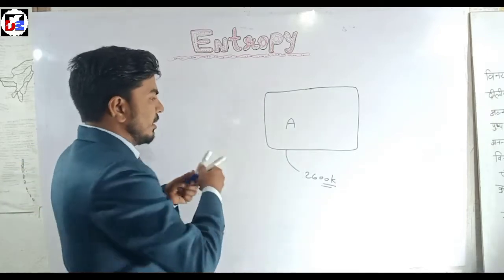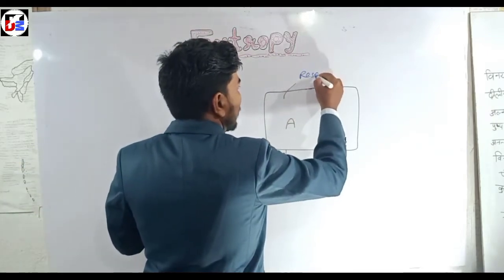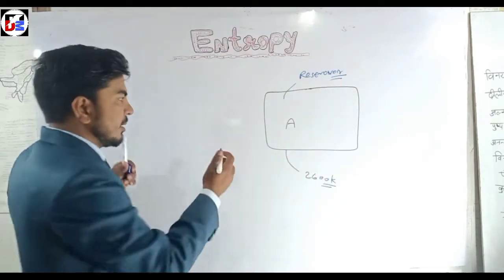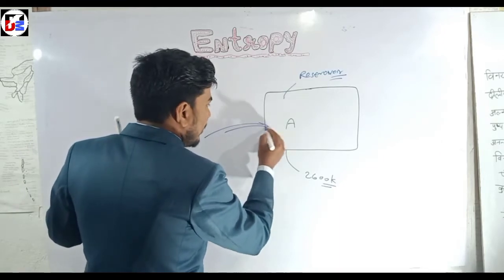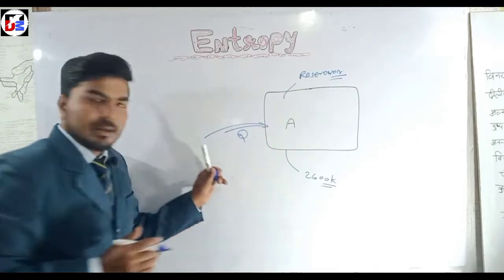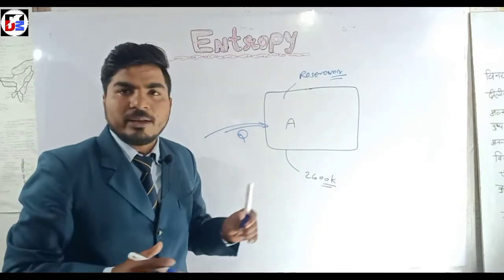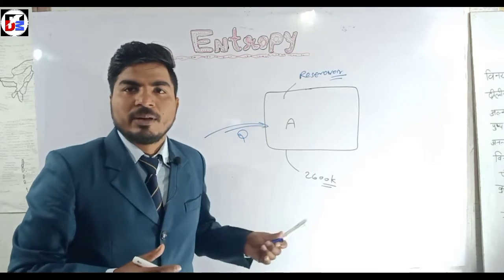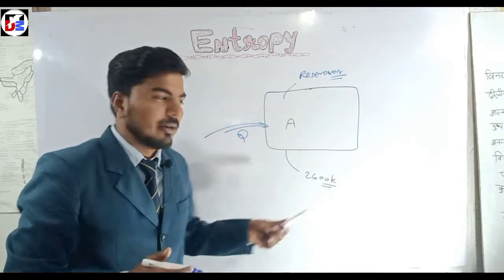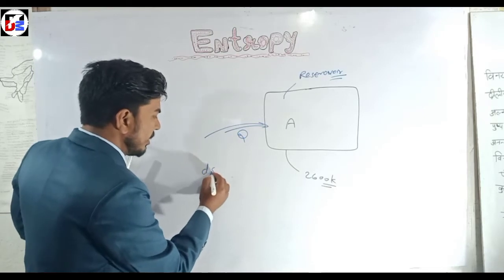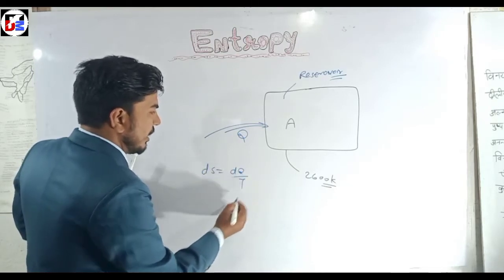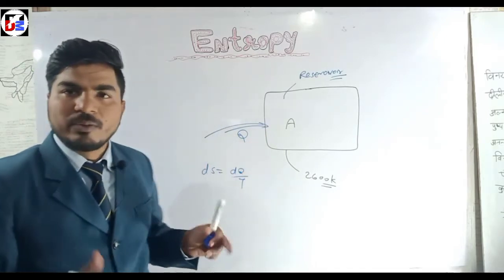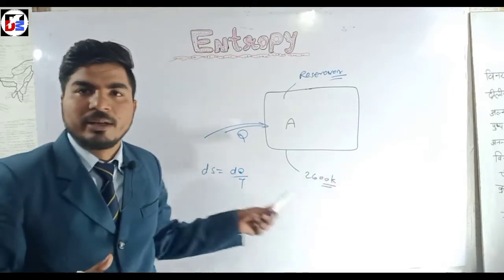Suppose heat Q is added to this reservoir. Then we ask how the entropy changes in this reservoir. You know that dS is equal to dQ by T, where T is this temperature and dQ is given. Then you calculate the entropy change of this reservoir.